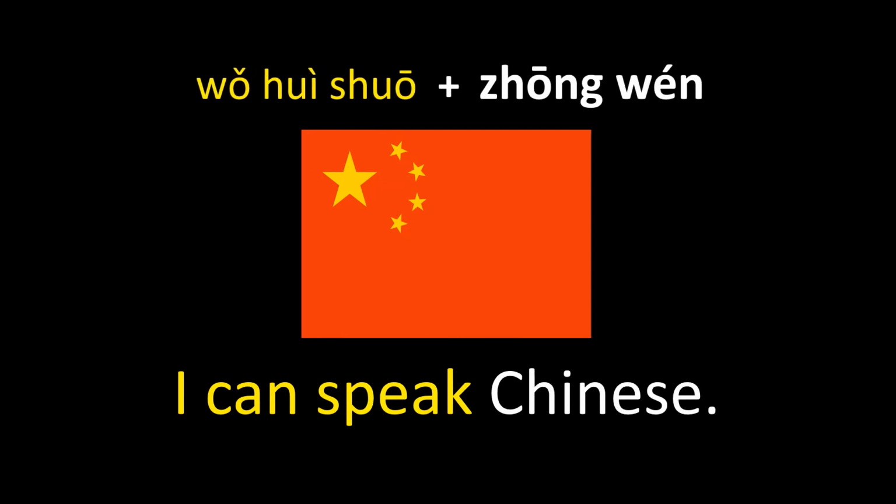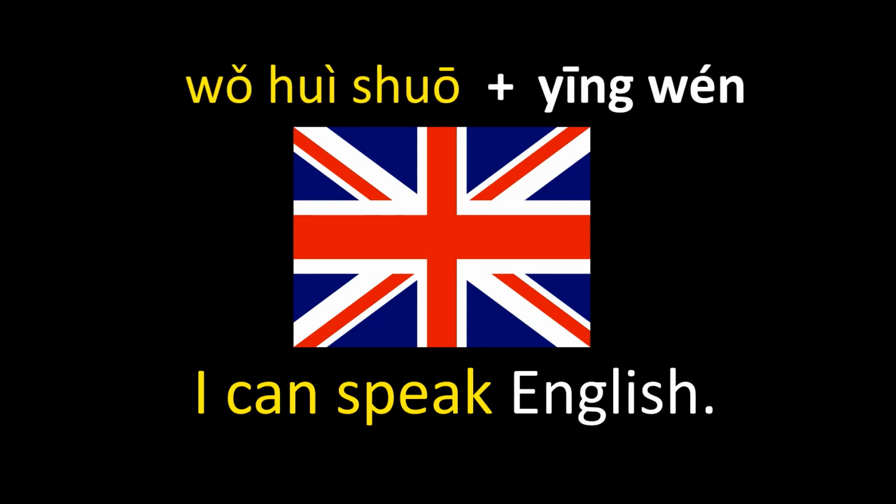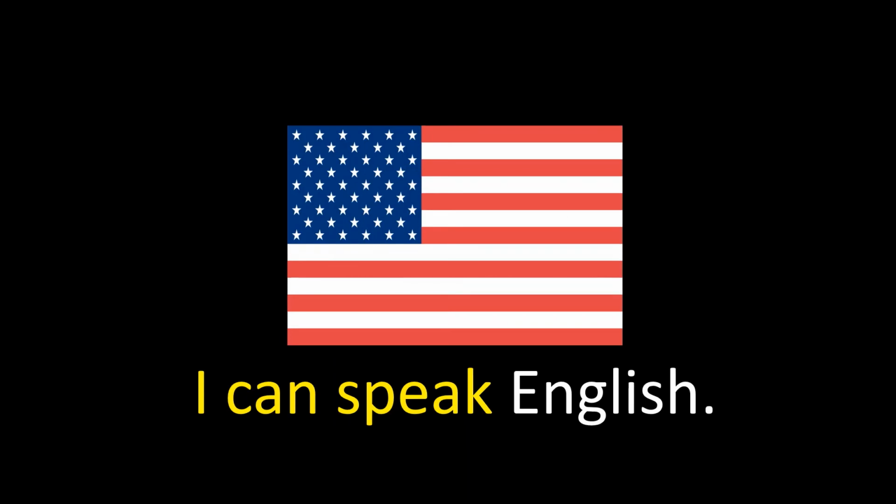Let's start with I can speak Chinese. 我会说中文. Next one, I can speak English. 我会说英文. Some people say I can speak American, but that's incorrect because there's no such thing as American. Americans speak English.